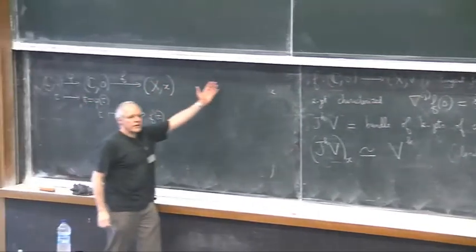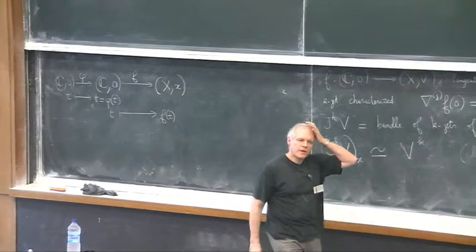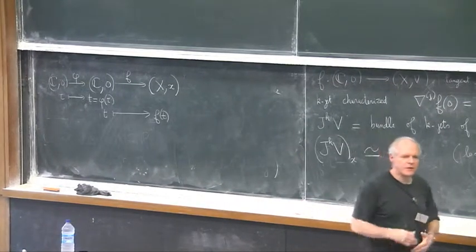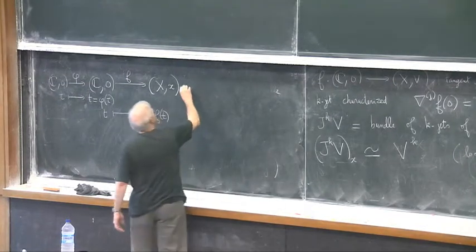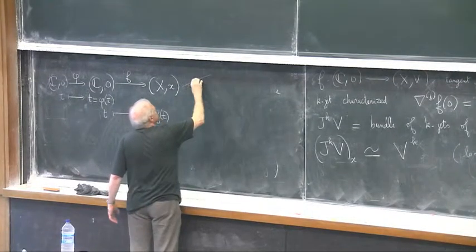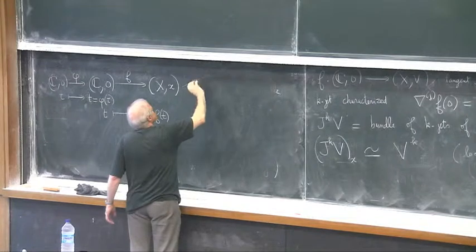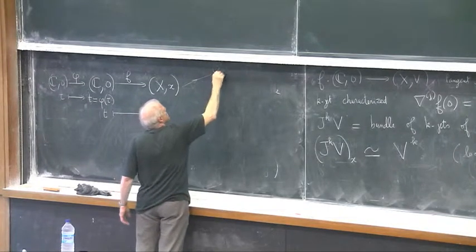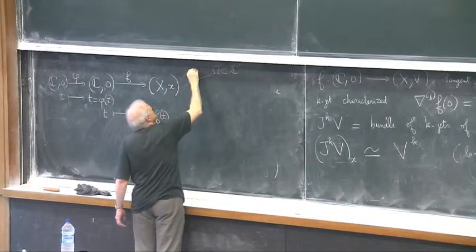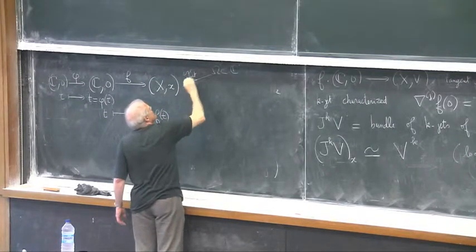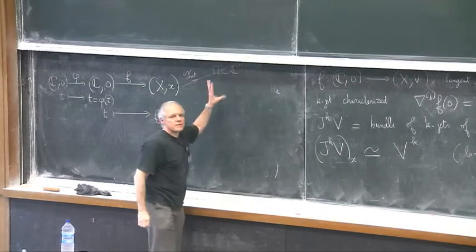Then you have your curve, t maps to f of t in the variety. And then, of course, on the other side, you can apply, for instance, a chart. So you are going to use coordinates. So you go to some open set in Cn, say. So this is a coordinate chart. But of course, the coordinate chart is not uniquely defined.